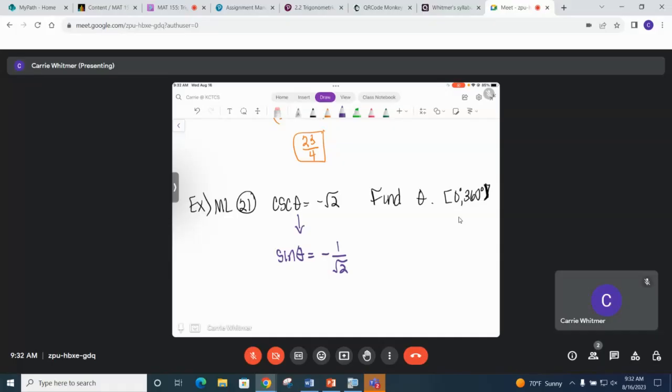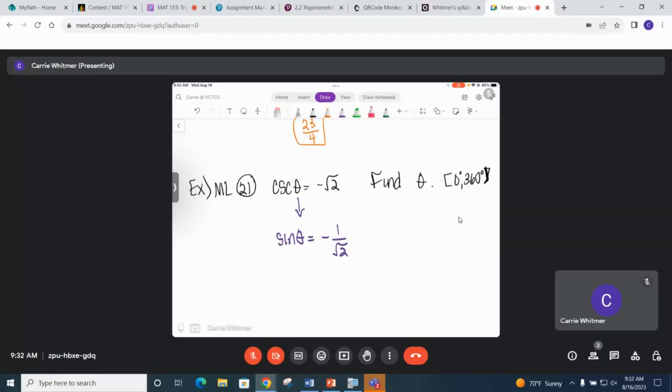Okay. And like I said, you don't have to do this, but I just remember the sine, cosine, tangent a little faster because I know sine is opposite over hypotenuse. And so it's easier for me to see what's going on there if I think about the sine, cosine, and tangent. But totally up to you.